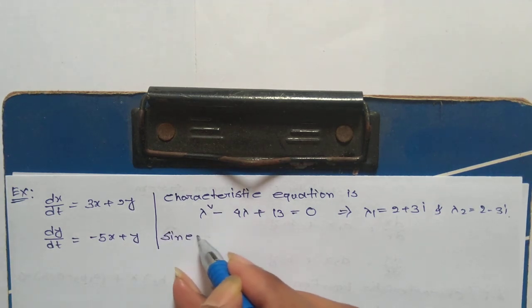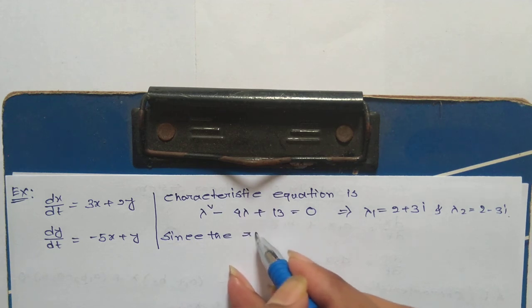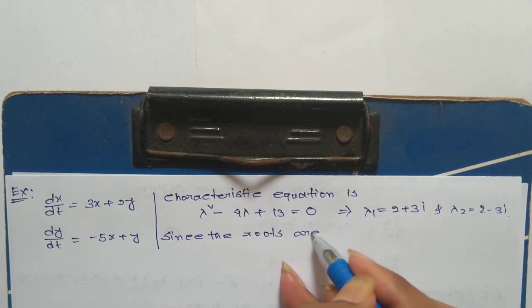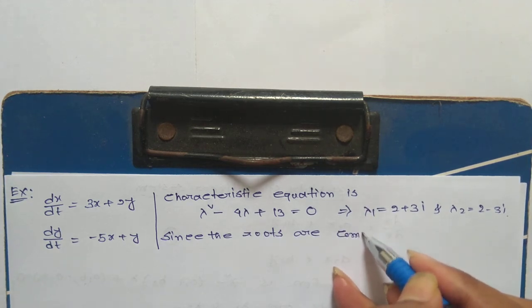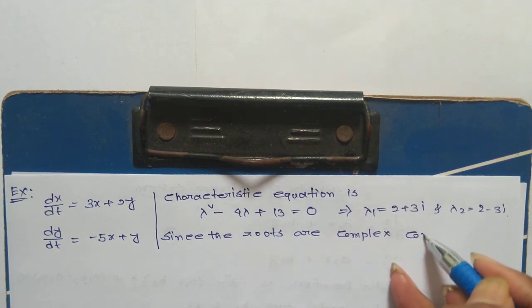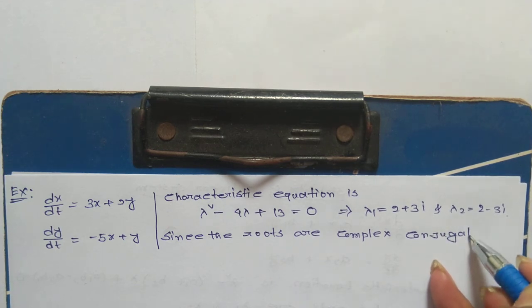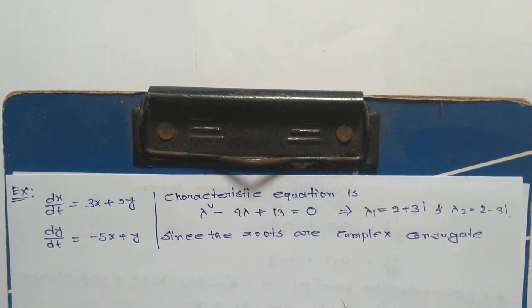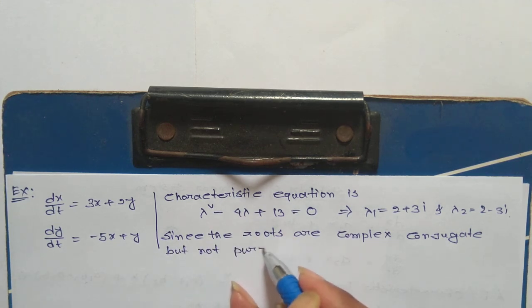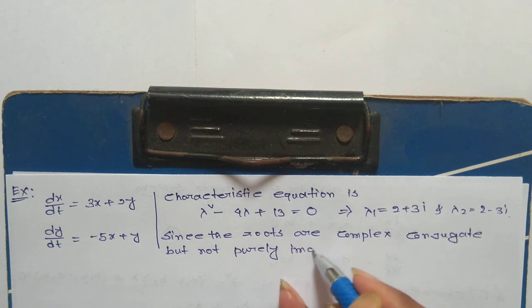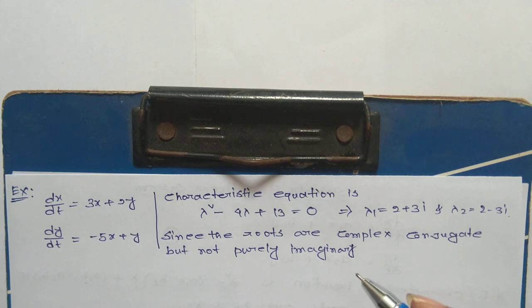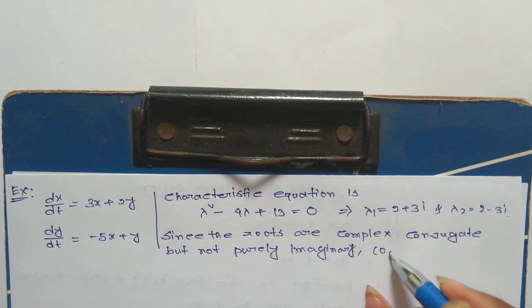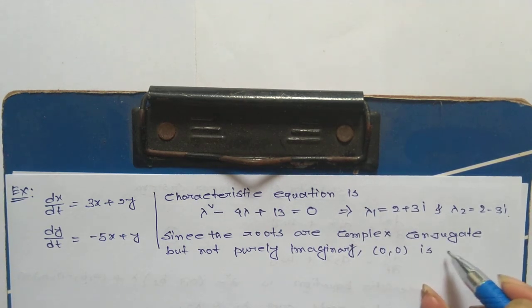Since the roots are complex conjugate but not purely imaginary, (0,0) is a spiral.